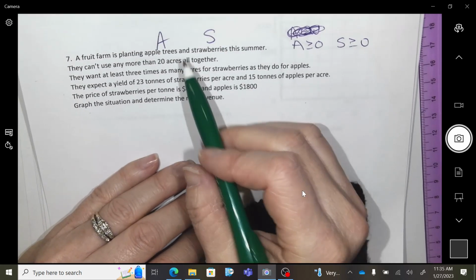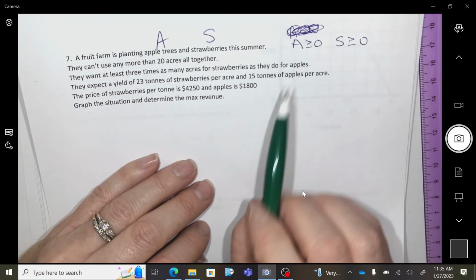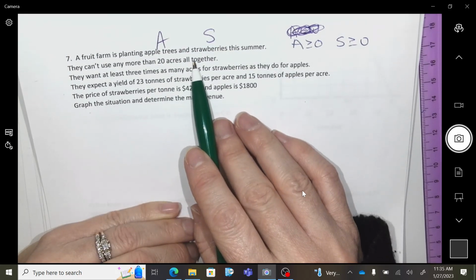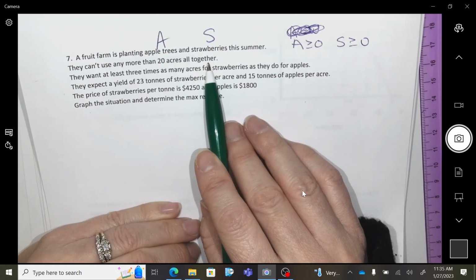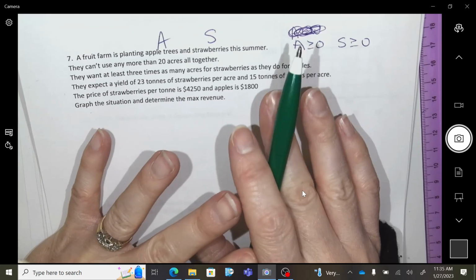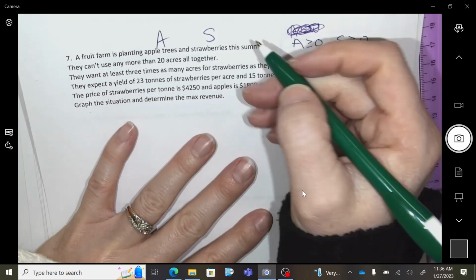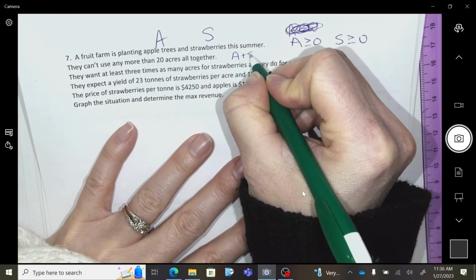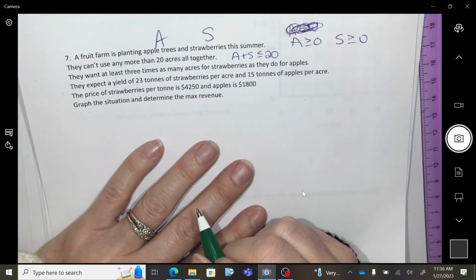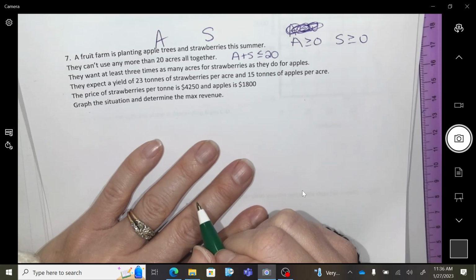Okay, so that's my variables, that's my restrictions. You can't use any more than 20 acres altogether. What are you going to write? Can't have any more than 20 acres together.